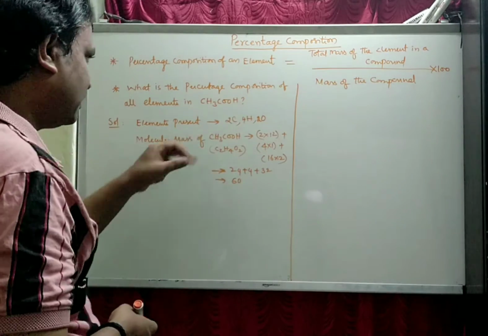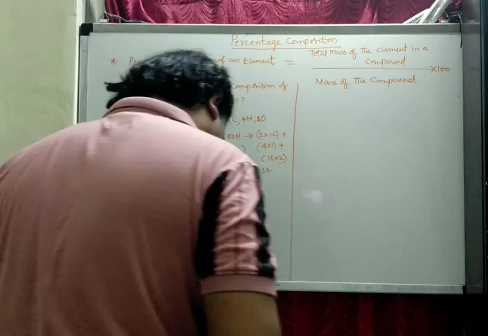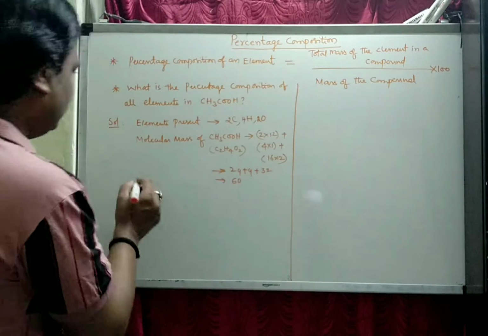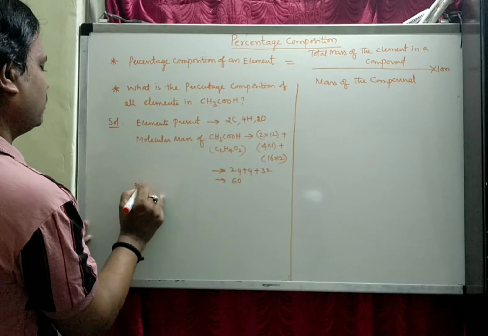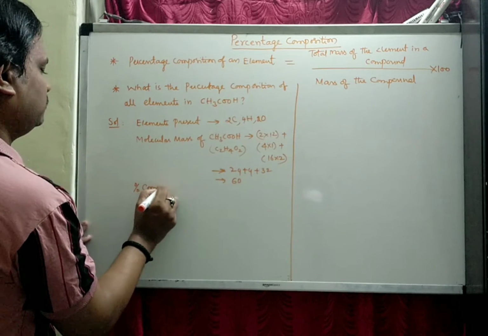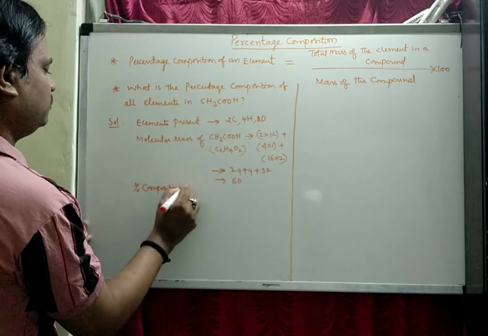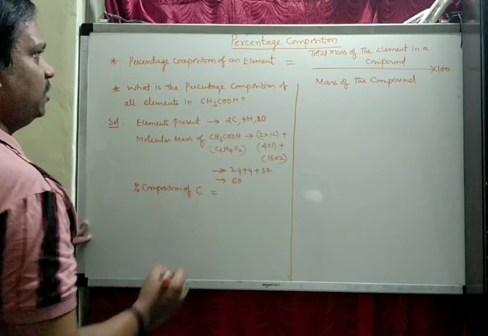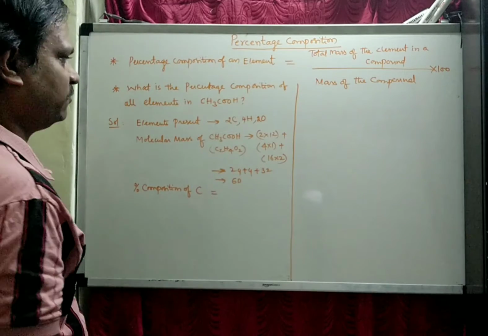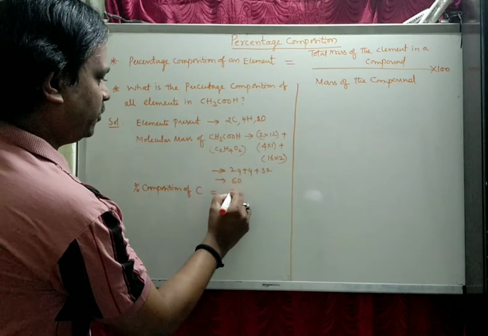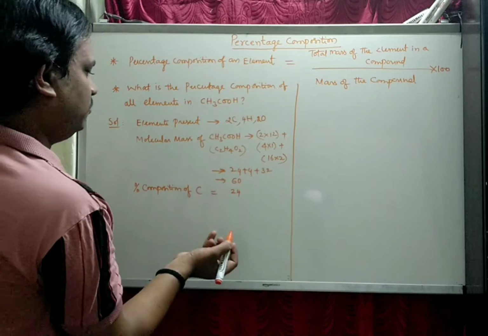Now first we will calculate the percentage composition of carbon. So what is the formula? Total mass of the element in the compound. What is the total mass of carbon? Already calculated, 24.